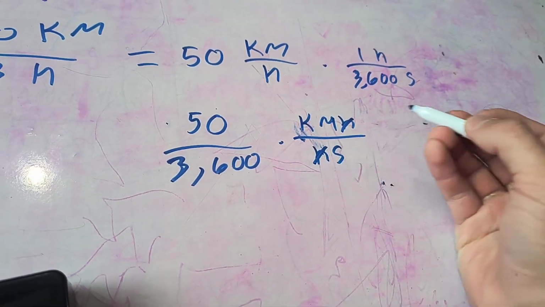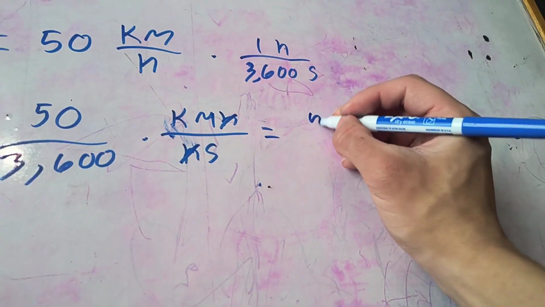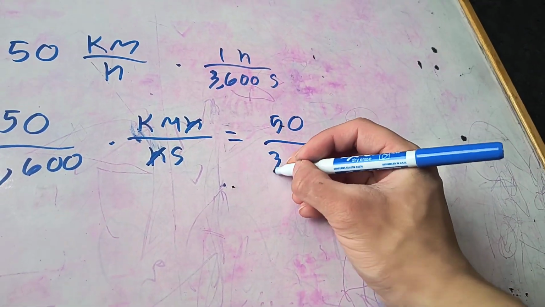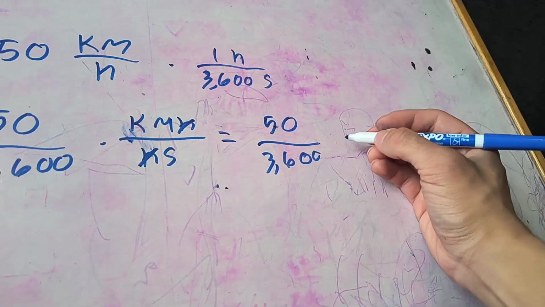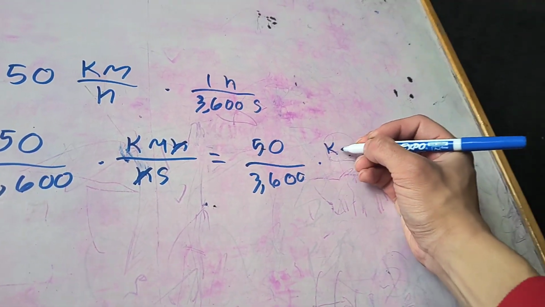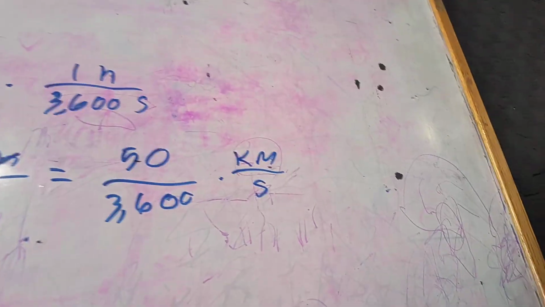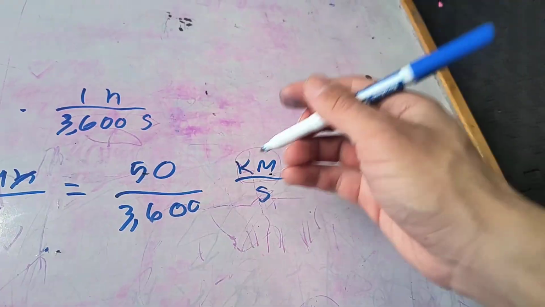Now the hours and the hours cancel out, and we're left with 50 over 3,600 times km over seconds. So we've converted it into kilometers per second.